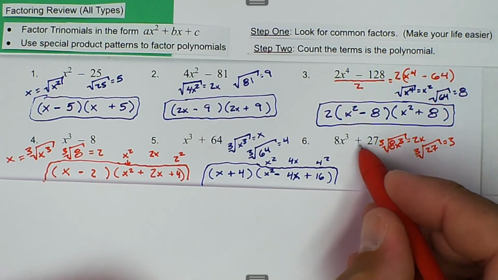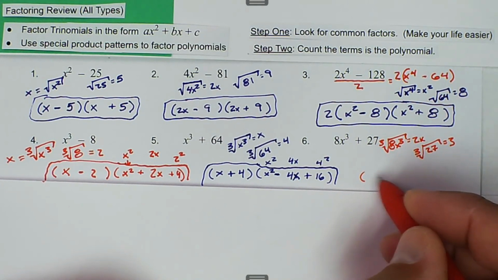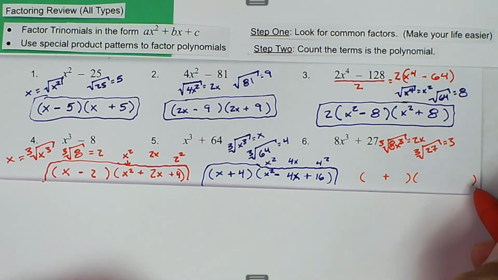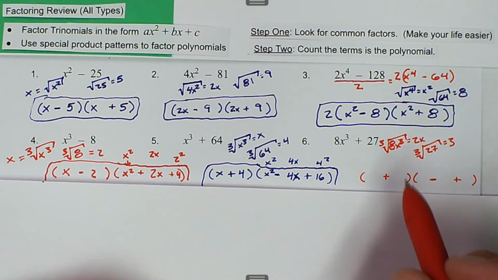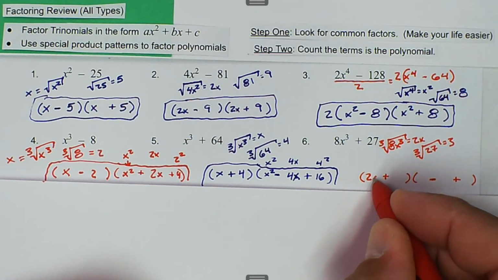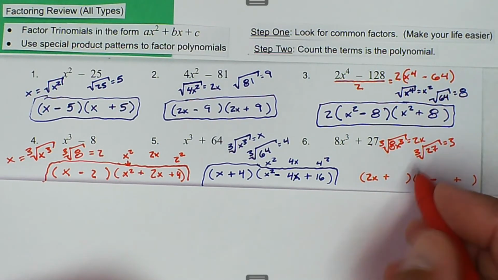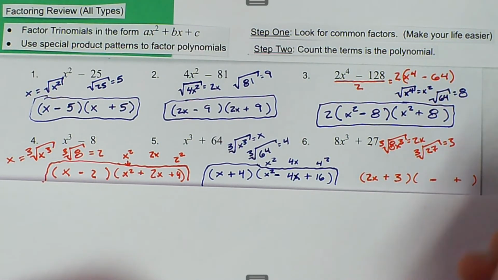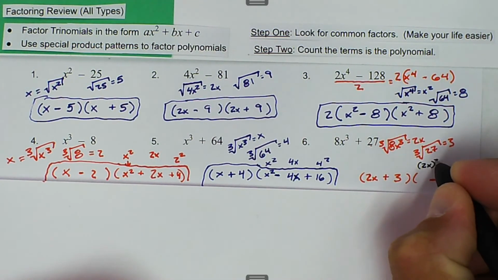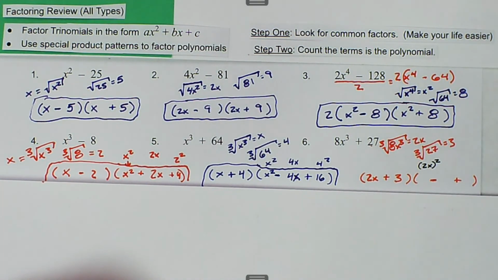So once we have those, we've got to remember our pattern. Remember, the first sign matches the sign of the binomial, and our last sign is always addition, and we always have 1 subtraction sign. So we take the first term cube root, and we get 2x. And we take the second cube root, and we get 3. Then we have our first term squared. So we have 2x squared, and the square has to get distributed to all of those terms.